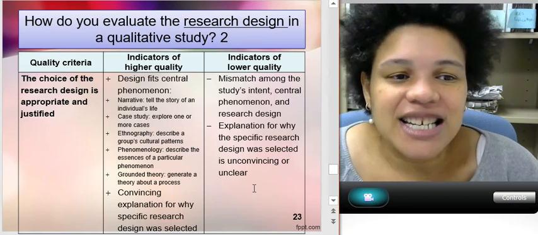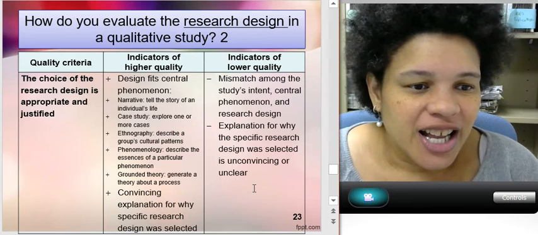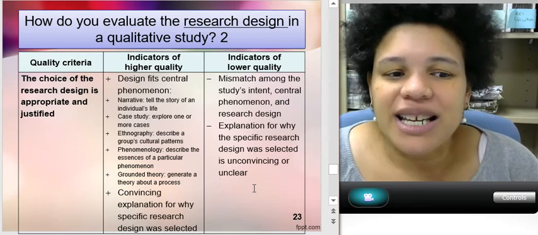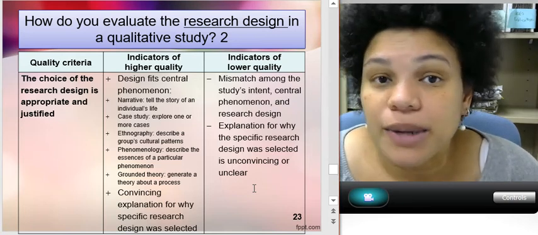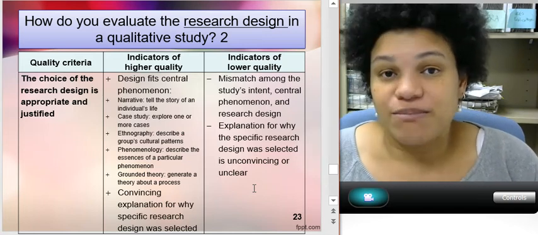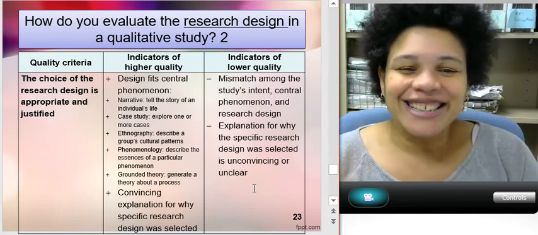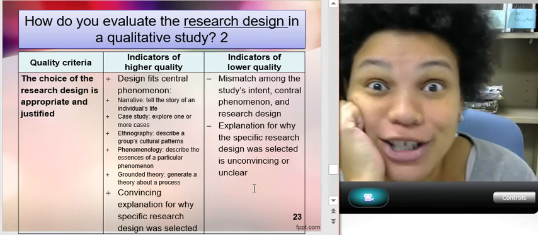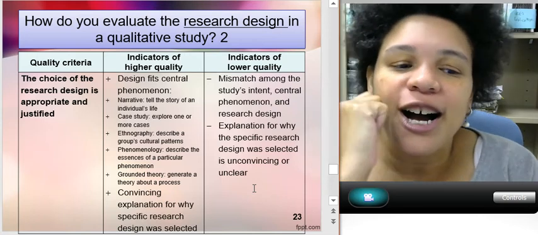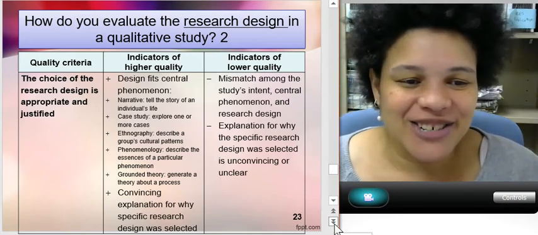So does the design fit what I'm looking to learn? Is there a convincing explanation for why my research design was selected? If I'm starting this mythical charter school, oh yeah, and that person happens to be my next door neighbor, and that's why I chose them. No, there has to be a convincing reason.